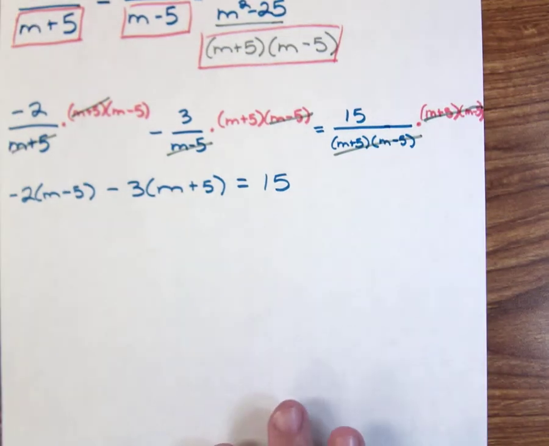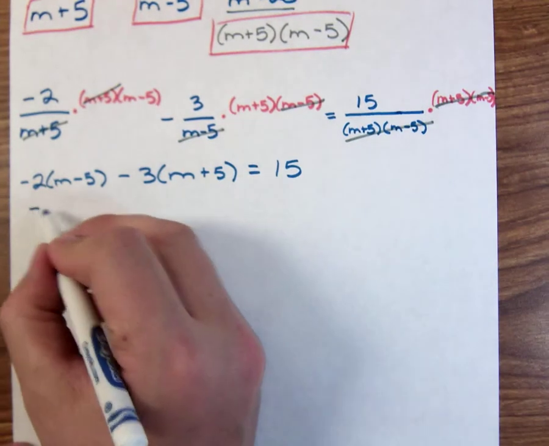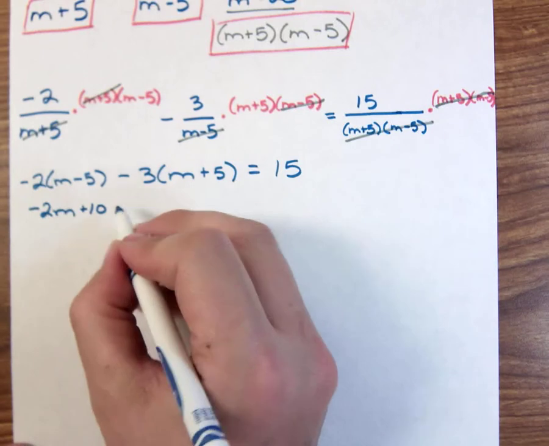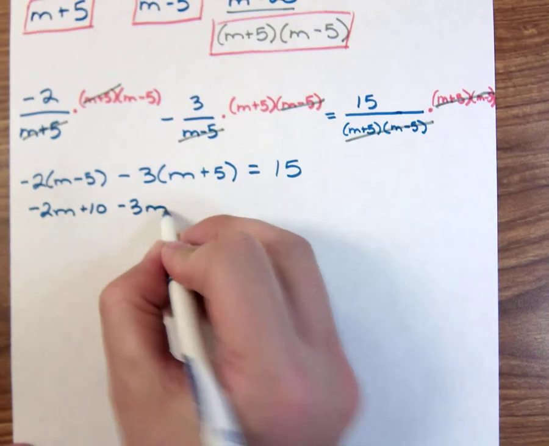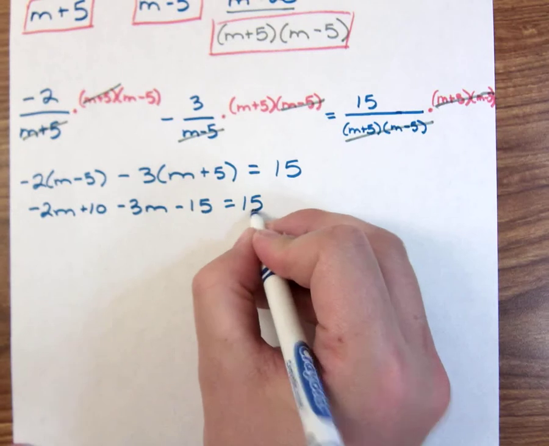I've still got some work to do, quite a bit of algebra left, but I have solved my biggest issue, which is that I no longer have denominators. Or I do, but they're 1. So let's do the distributive property. Negative 2m plus 10 minus 3m minus 15 equals 15.